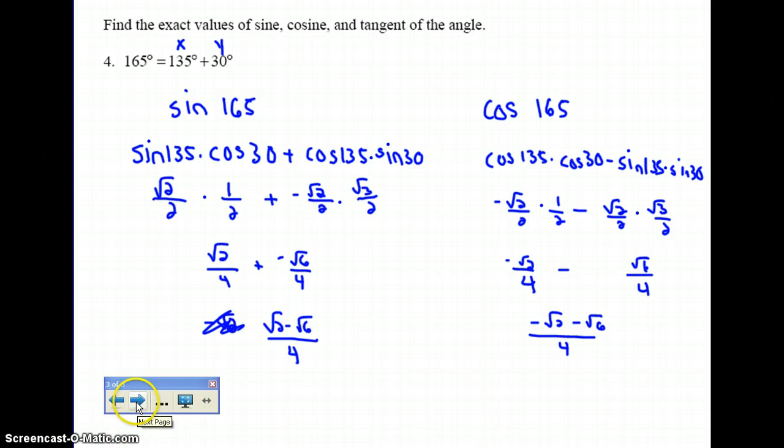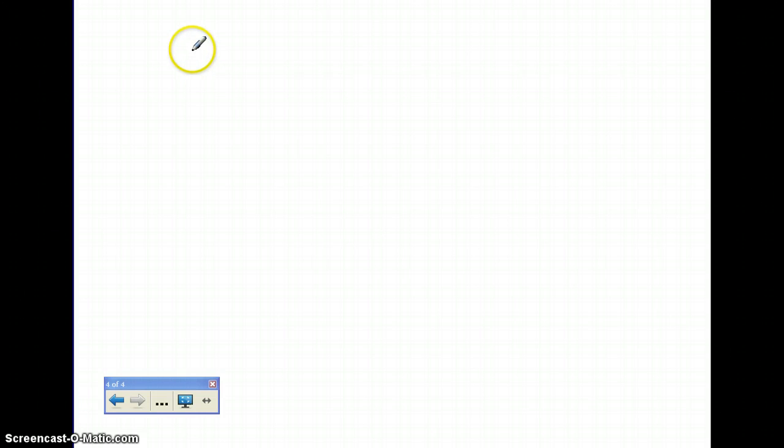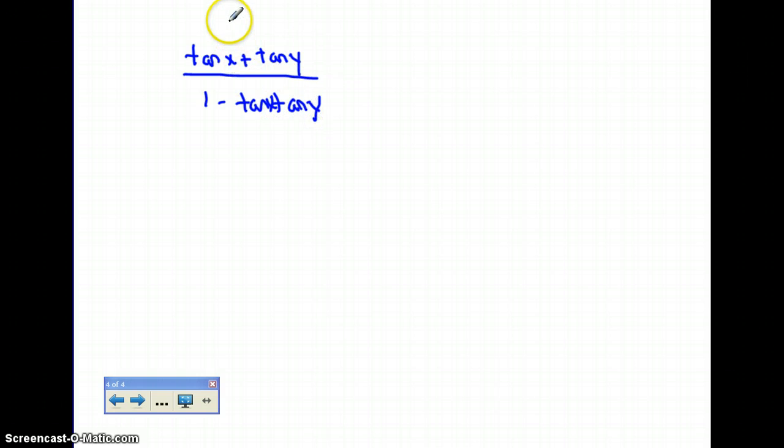So let's look at the tangent. Tangent's a little bit more complicated. It's the tan of x plus the tan of y over 1 minus tan x tan y. Well, x was 135 and y was 30.